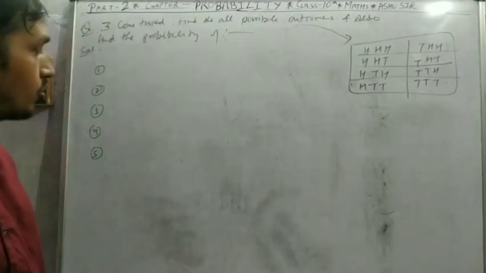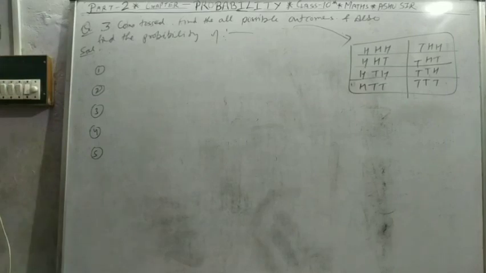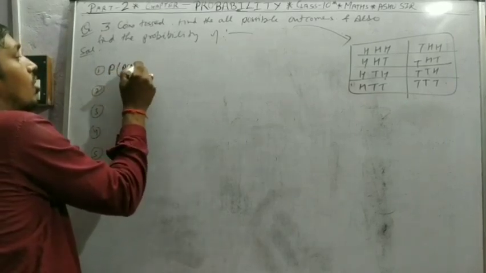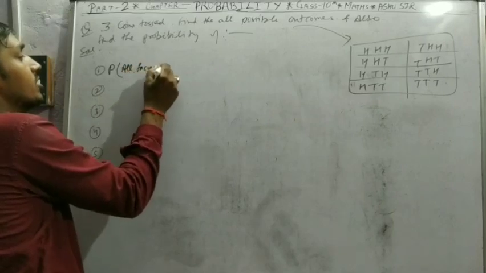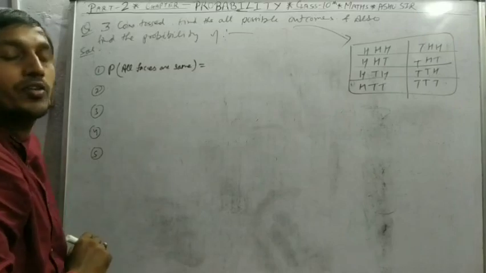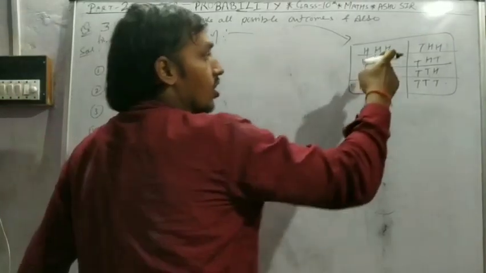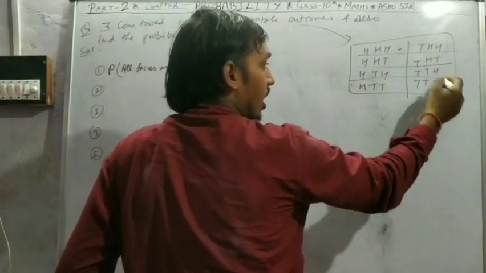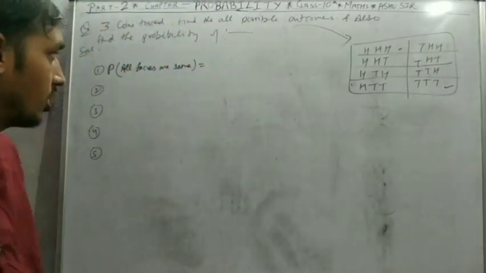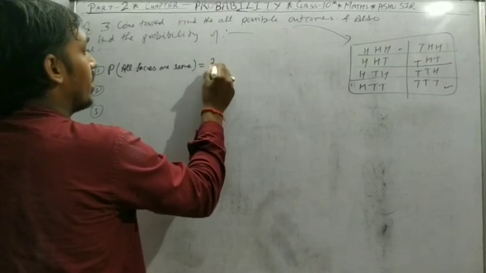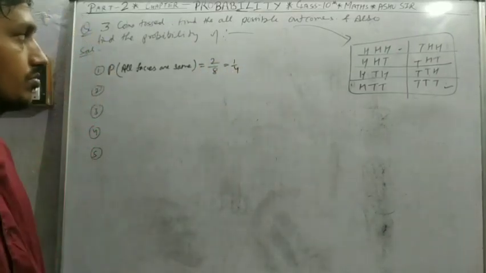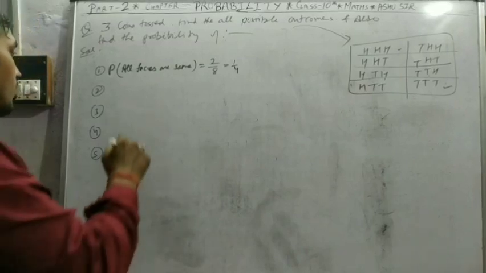Okay, and the question: find the probability that all faces are the same. So which outcomes have all faces the same? This and this, both head, both tail. So 2 by 8, that is 1 by 4.